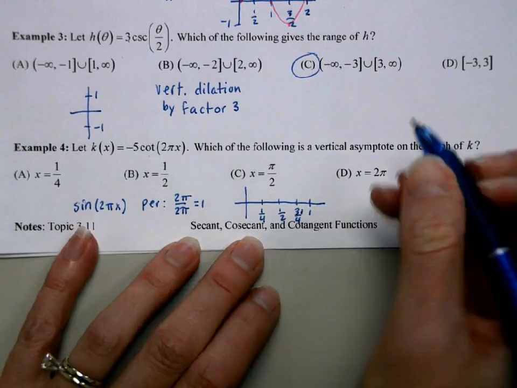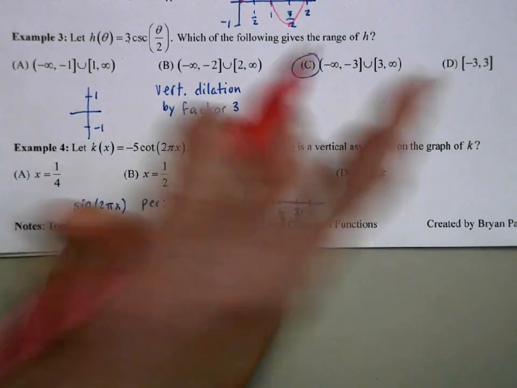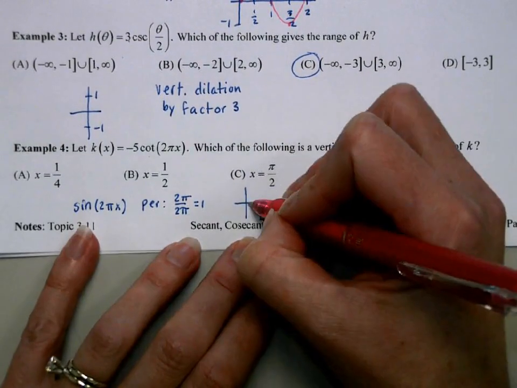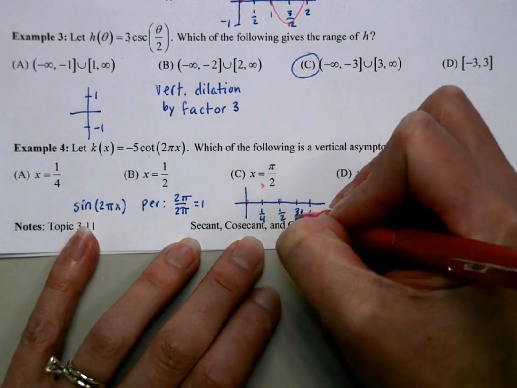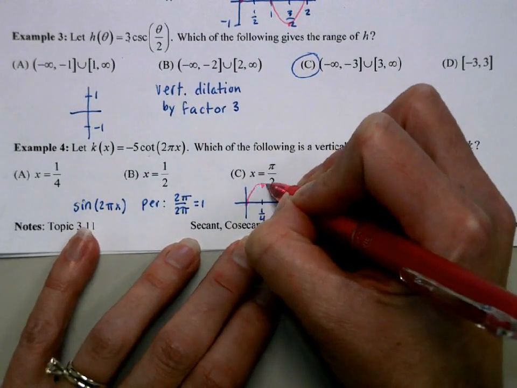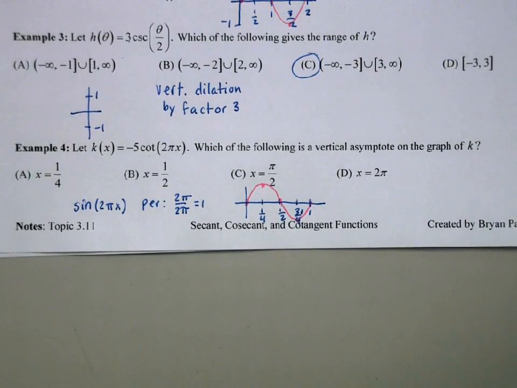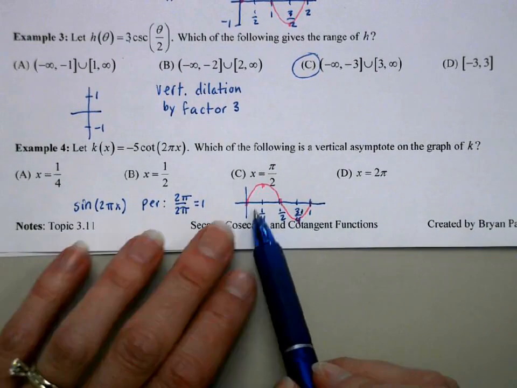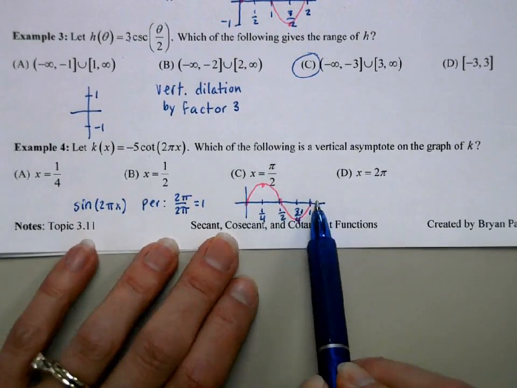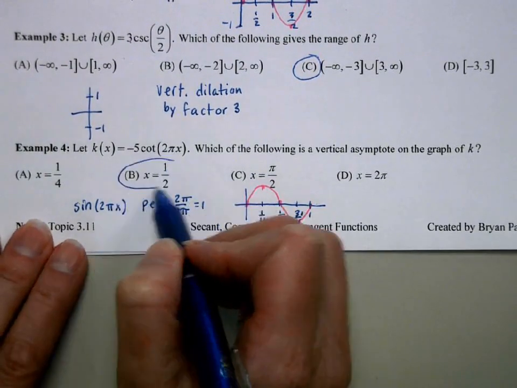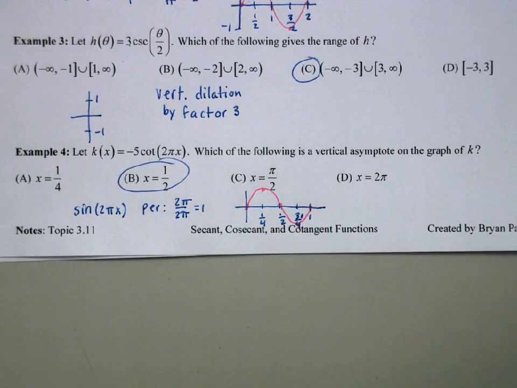Okay, we have a sine curve, so we'll start at the midline, go up. Any value there that crosses the x-axis is going to be a vertical asymptote for cotangent. So of 0, 1/2, and 1, 1/2 is my option.